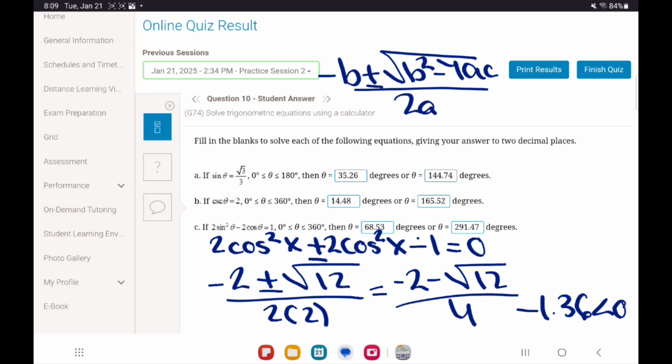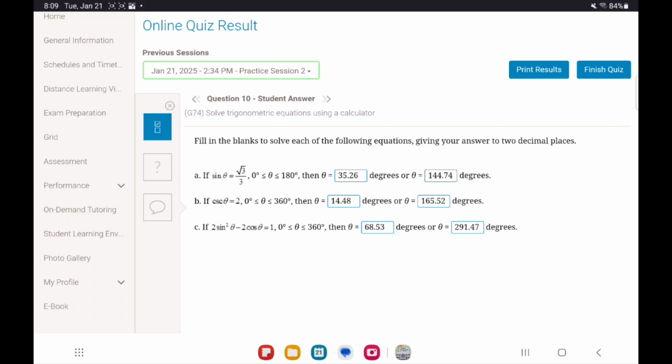So this is an immediate no. Our root is 0.366. You can never round in the middle step, because I guarantee you'll get it wrong, or you'll get the decimal part wrong.